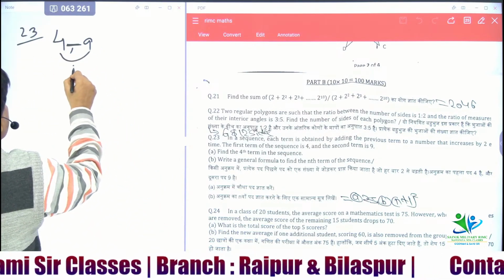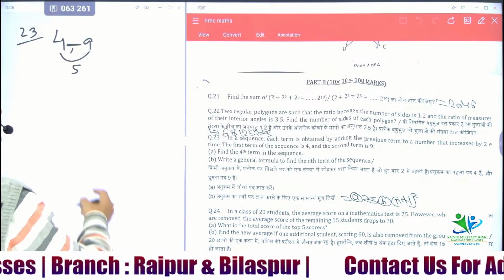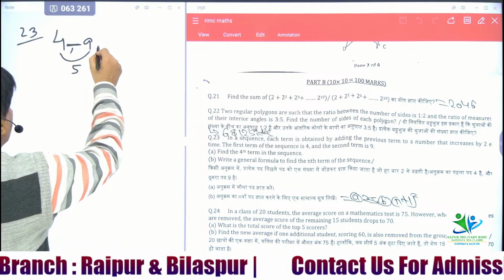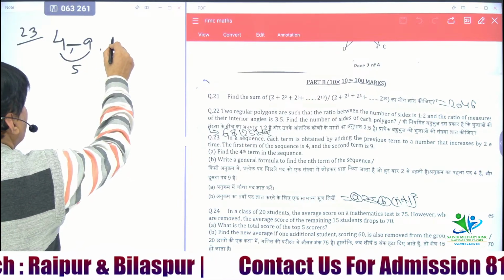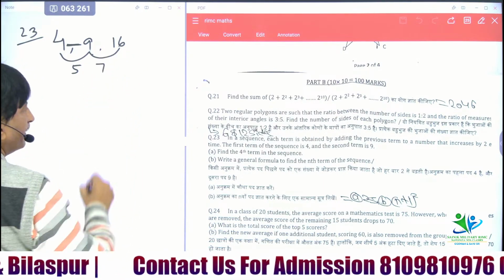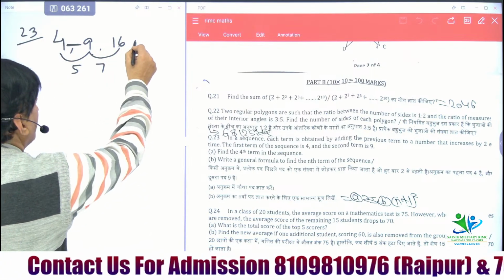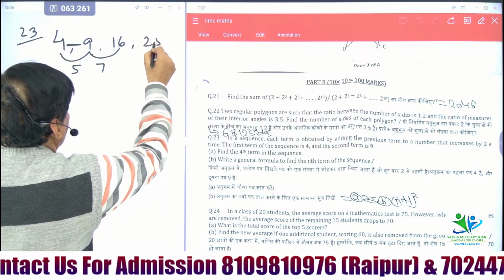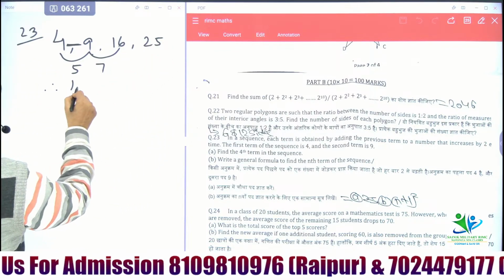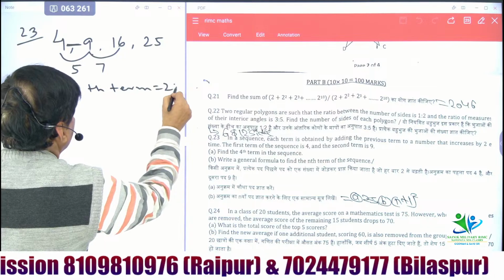Here the difference is 5, and this difference is increased by 2. That means 5 plus 2, 7. Therefore, 9 plus 7, that is the next term is 16. Now again the difference is 7. This difference is increased by 2 again, so 9, and 16 plus 9, that is the next term is 25. Therefore, the fourth term of this sequence is 25.